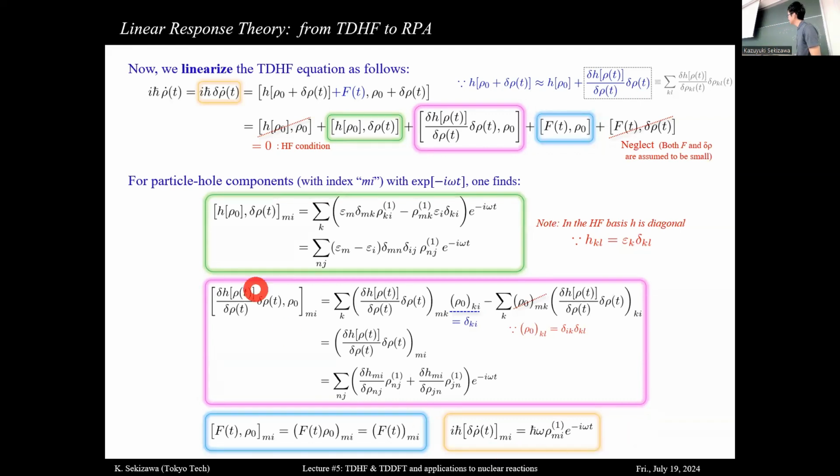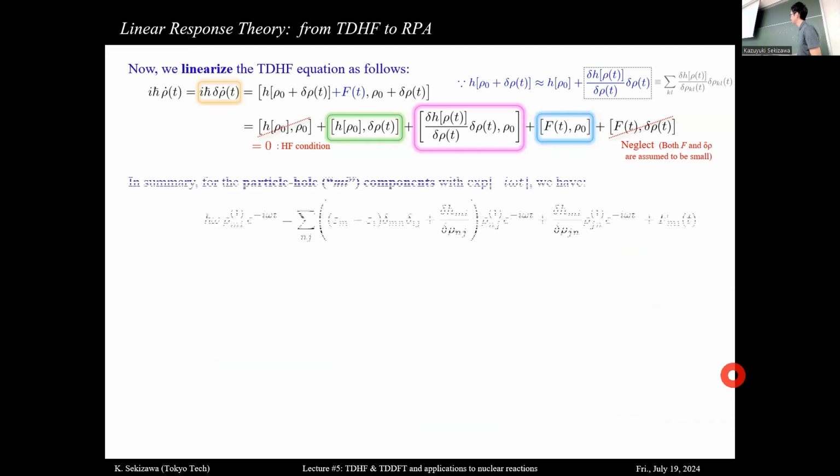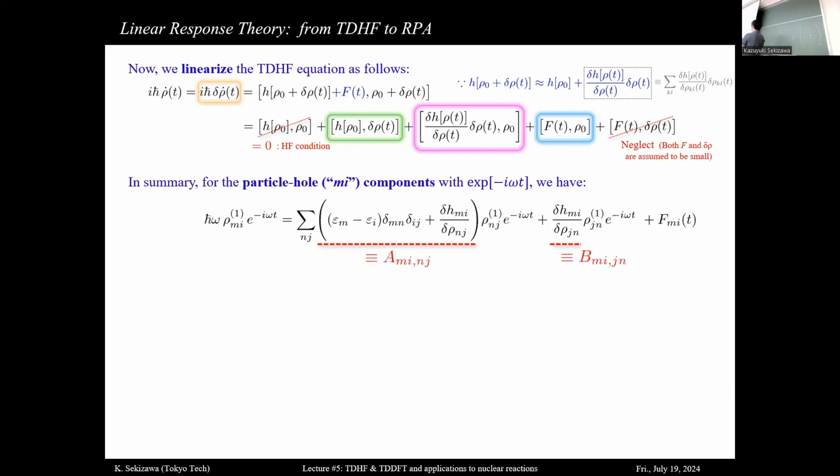So you have calculated all the terms. And then you can try to rearrange those terms.